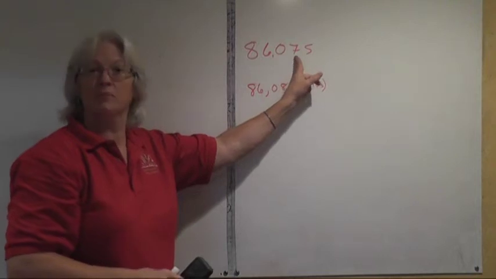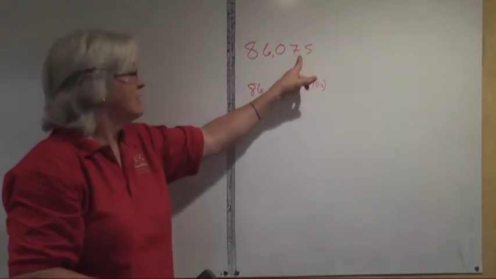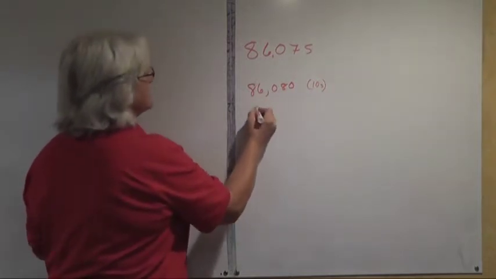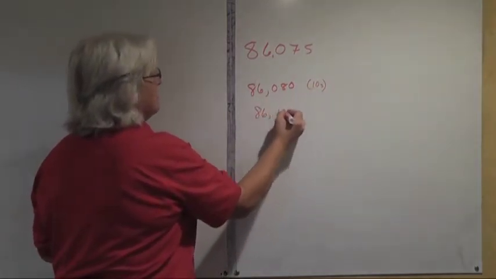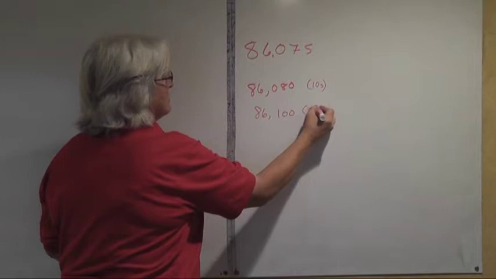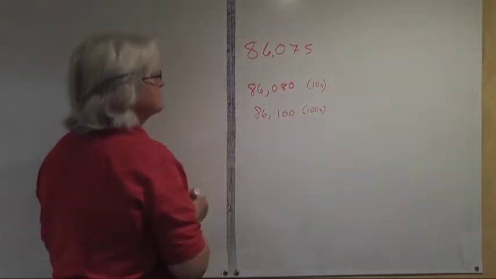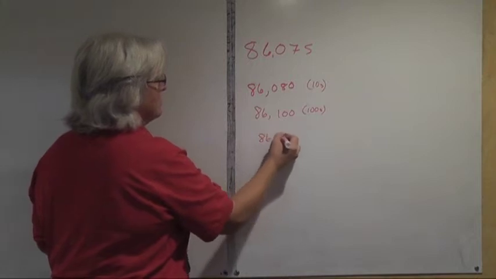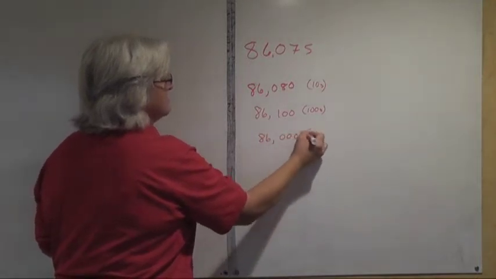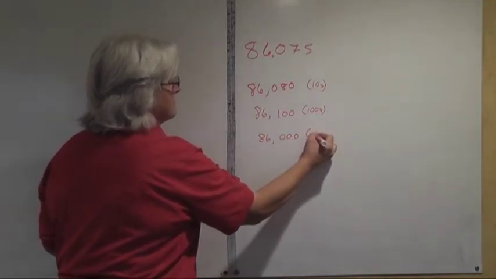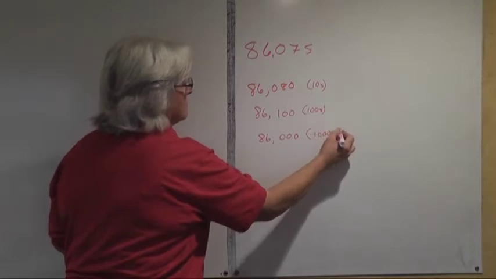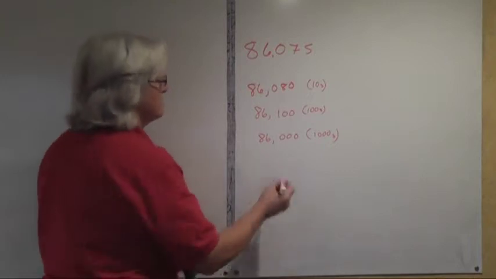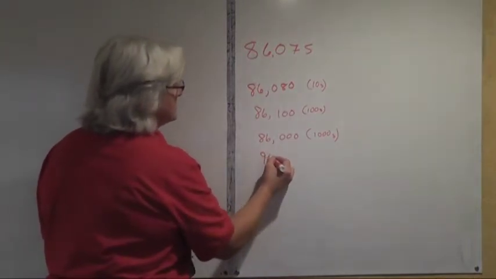We have a 7 in the place directly to the right of it. 7 causes us to round up. 86,100. This is rounded to the nearest hundreds. Rounded to the nearest thousand would be 86,000. And then, of course, rounded to the nearest 10,000 would be 90,000.